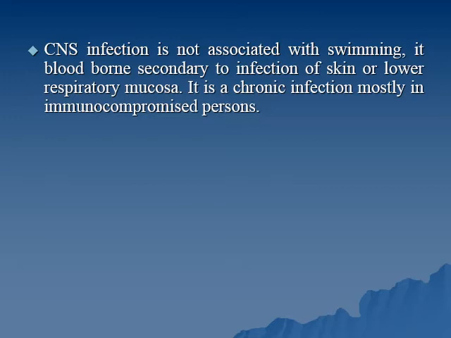CNS infection is not associated with swimming like that in Naegleria. It is blood-borne or comes through circulation secondary to infection of skin or lower respiratory mucosa. It is a chronic infection, mostly in the immunocompromised patients.